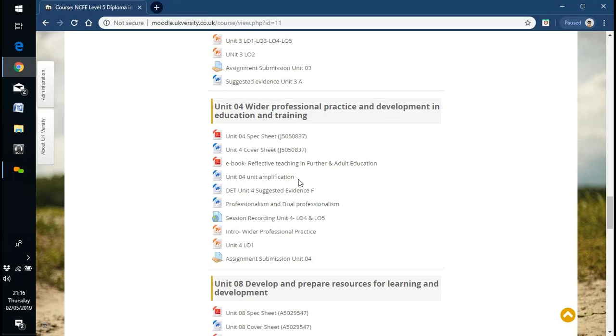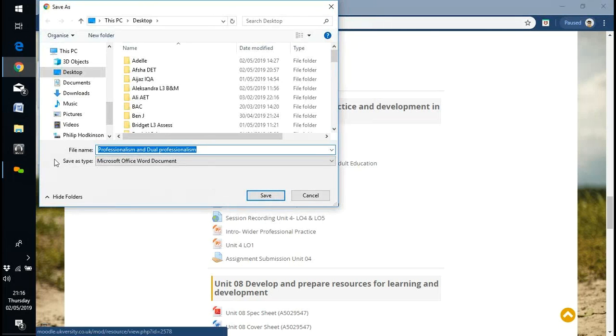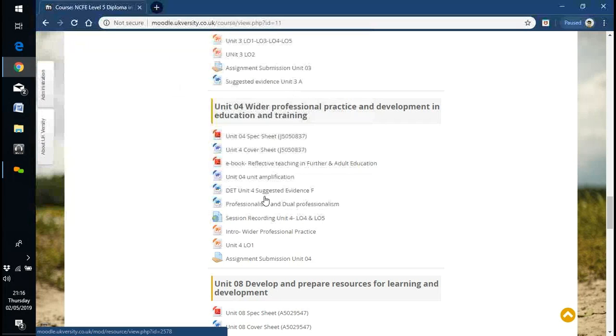The amplifications are there, of course, same as before. That I did it on the first 4. The suggested evidence is there. A piece I put on professionalism and dual professionalism. I think that's one of mine put together. Let me have a quick look at that.